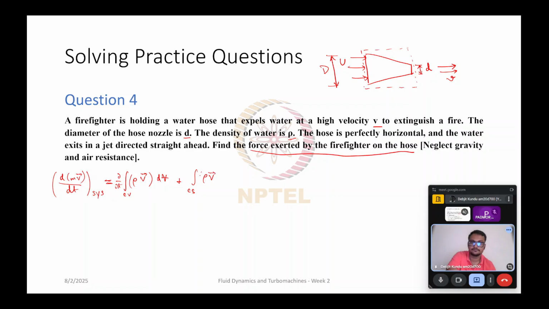I have my properties here, and this is the efflux. So let's simplify this down a bit.